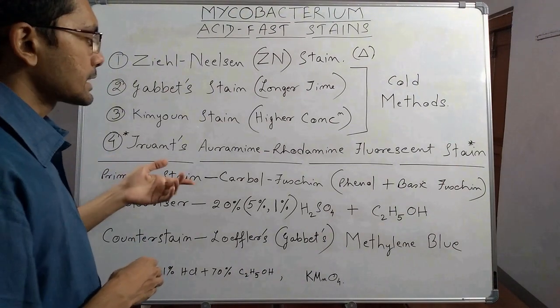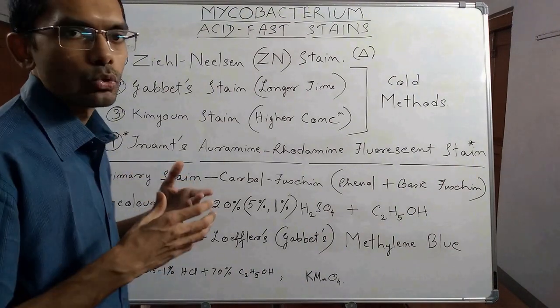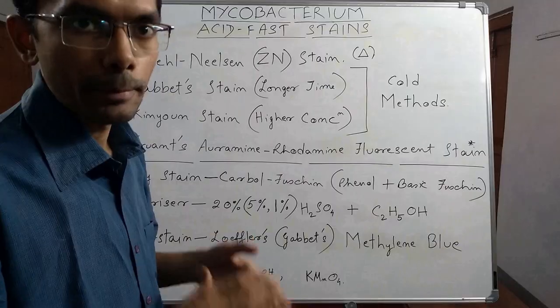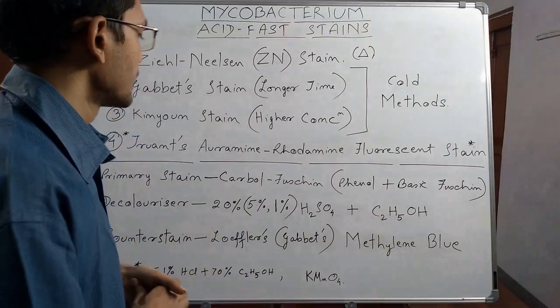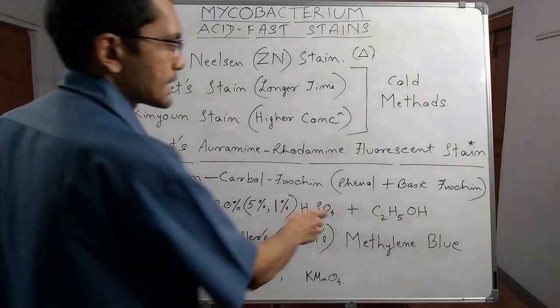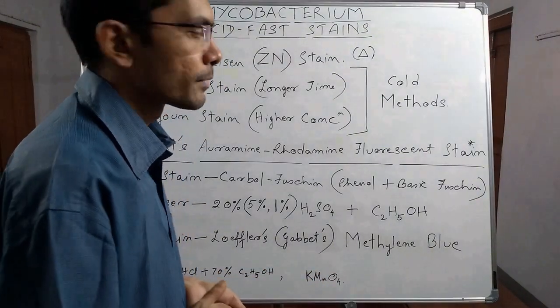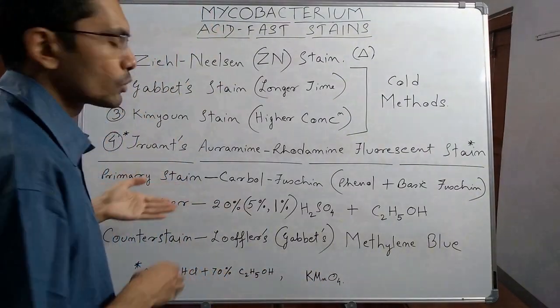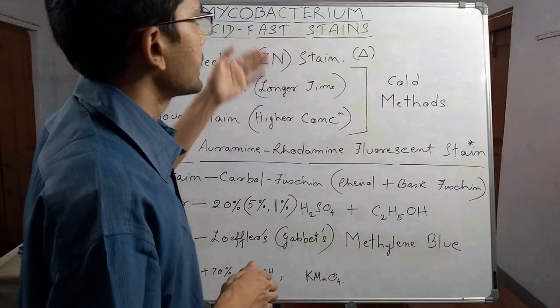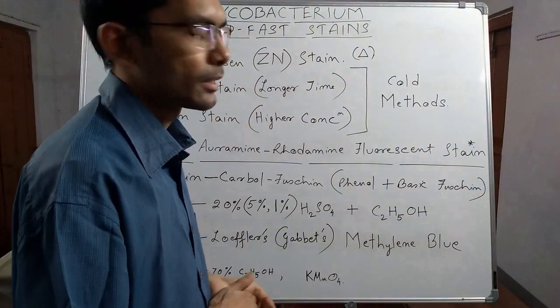That is, first the primary stain is applied, which binds to the barrier mycolic acid and not peptidoglycan as I mentioned earlier. Then it is decolorized with acid and alcohol. But the bacilli would be resistant to decolorization, which is why they are called acid fast.